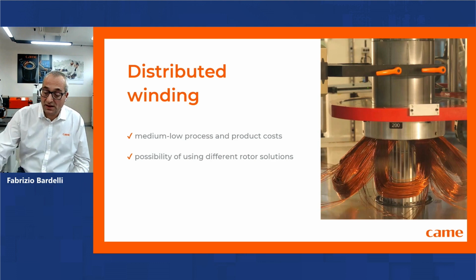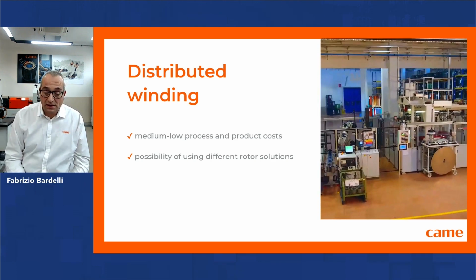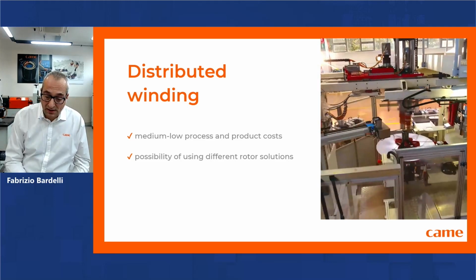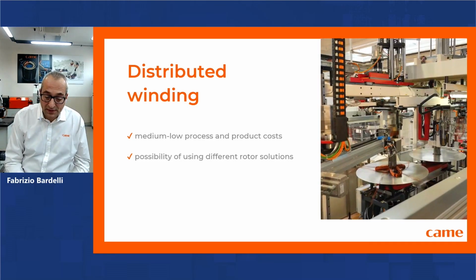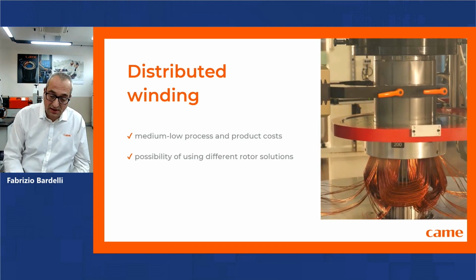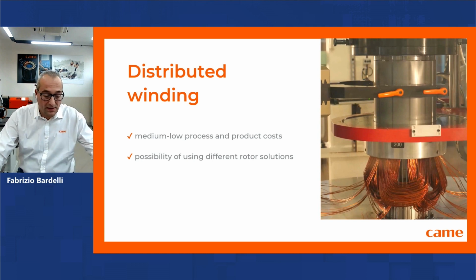With basically the same stator, you can use a die-cast rotor, which can be aluminum or copper, and you can have PM rotors or reluctance rotors. In this very short video you have a short glimpse of the production process, and at the end you will also have a longer one.